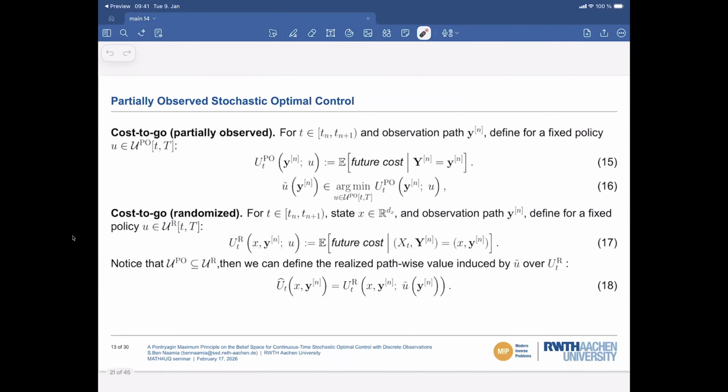So what you can do is you can take any control from that class, right, and plug it into the randomized cost to go, because simply of this inclusion. So you can define the realized pathwise values that is induced by u tilde, coming from the partially observed, but you apply it over the randomized cost to go.